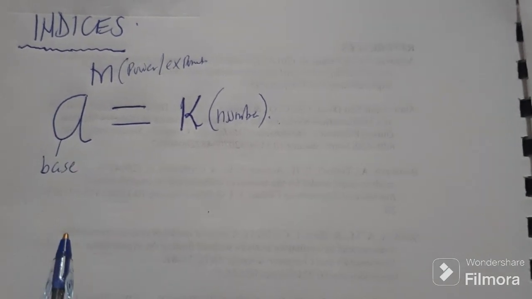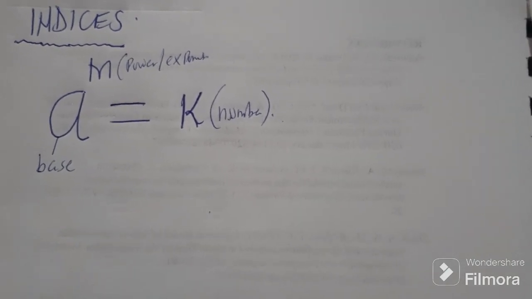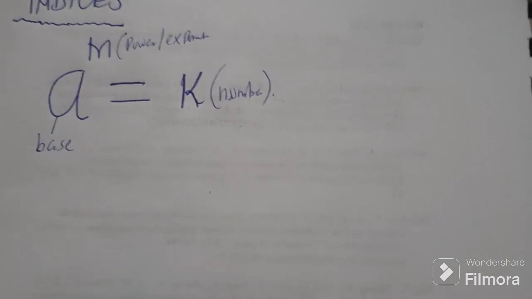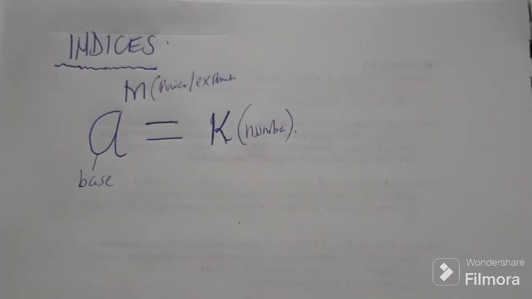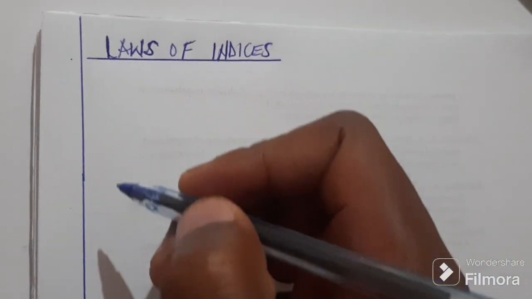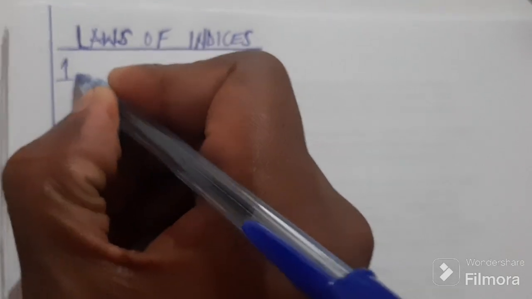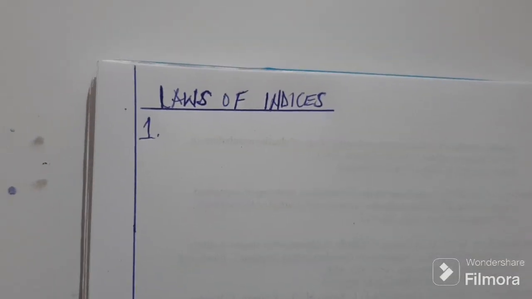But before we go to that, how many laws of indices did they teach you? Well, let's see. The first law of indices, the simplest, which is taught in junior school, involves multiplication and addition.